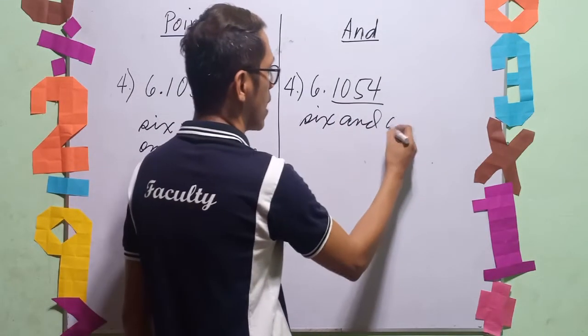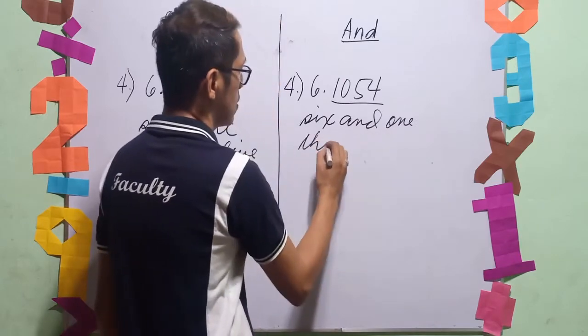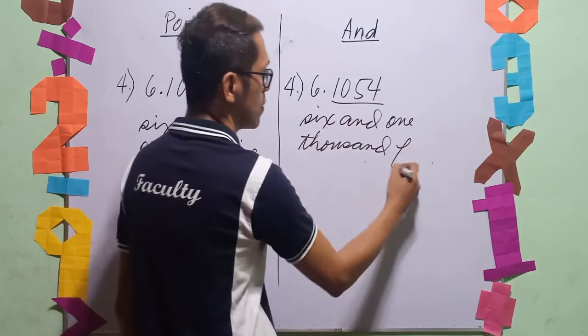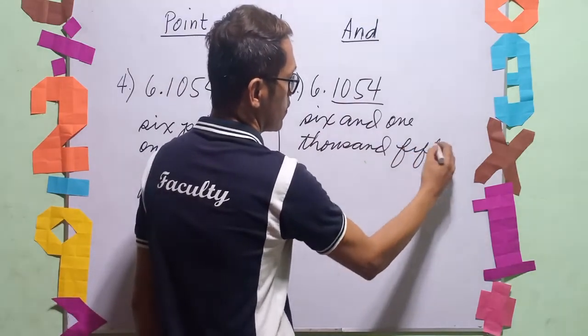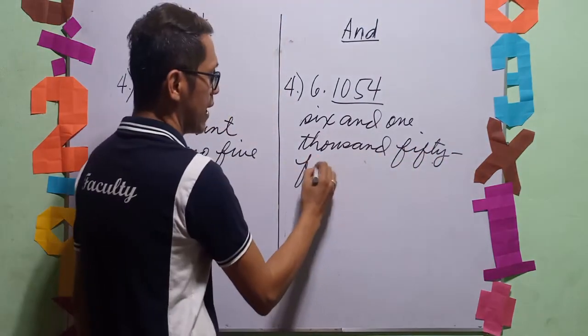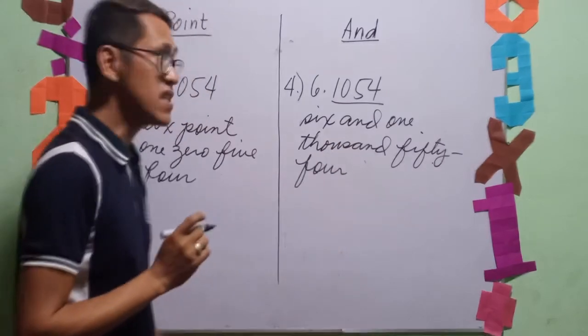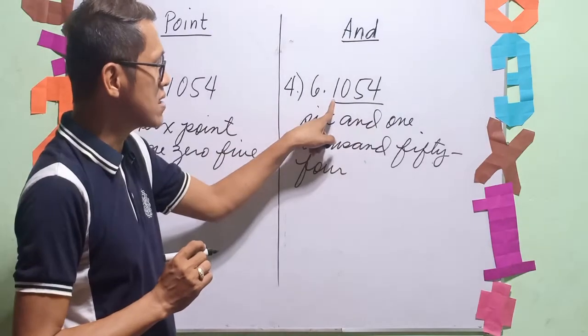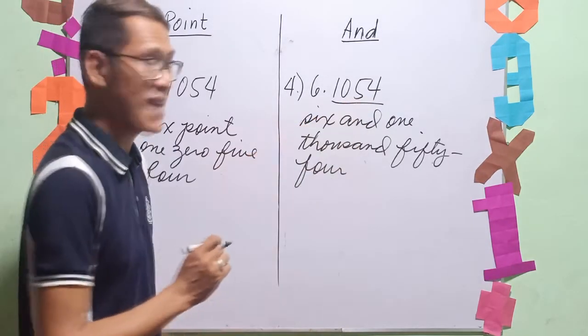That's 1,054. Then, use the place value of the rightmost digit. What's the place value of 4? Tenths, hundredths, thousandths, ten thousandths.